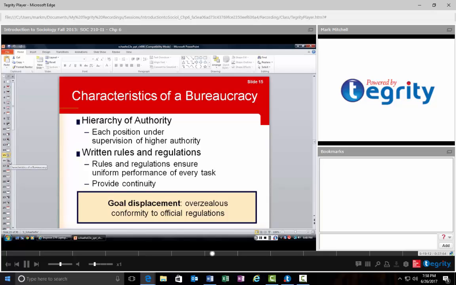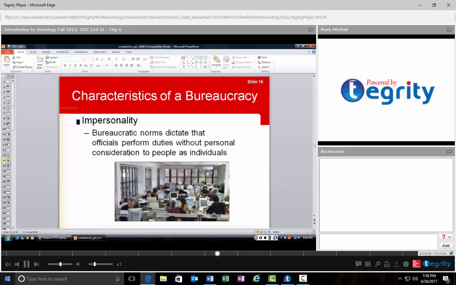Banks or colleges or what have you are all good examples of places where this is how we're going to handle this task this way. Maybe in the government there's such a dependency on these written rules and regulations that we never do anything beyond that. This is the way we do it, and we've got it written down.